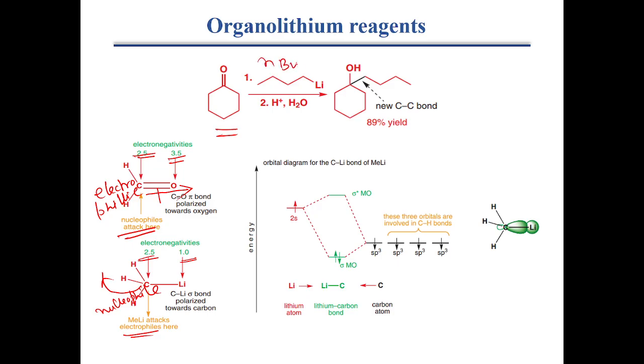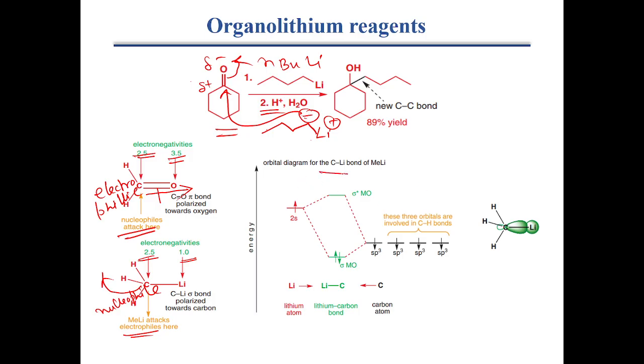In this butyl group, the carbon is electronegative and lithium is electropositive, and in the carbonyl, this carbon is electropositive and this oxygen is electronegative. So the reaction happens here, and after treatment with water, we get this alcohol. Butyl lithium reacts with the carbonyl and forms this tertiary alcohol.